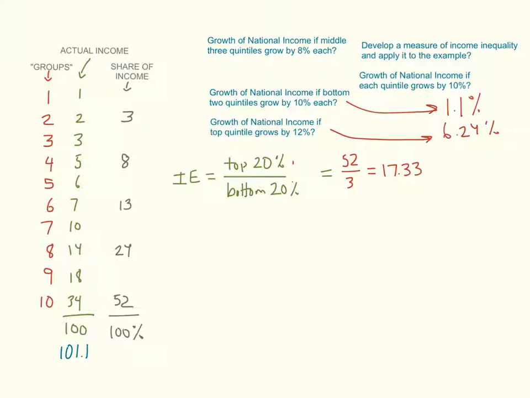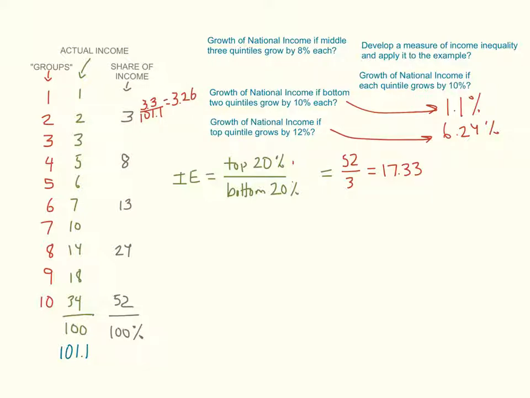What happened here is that the new share, so what we calculated before, the bottom 20% is going to get 3.3 in total income, but now we have to divide it by the total income, which is 101.1, and therefore the share is slightly different from 3. When I make this calculation, it is actually 3.26.